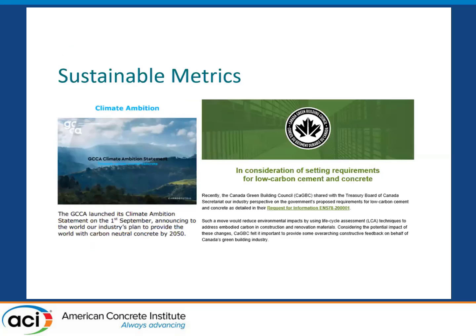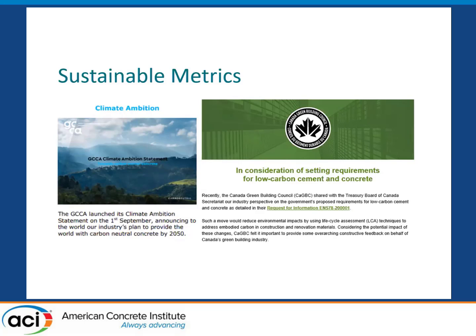One of the other things that you're starting to see, and this just got launched on September 1st of 2020, is that the Global Cement and Concrete Association has launched its ambition statement. The Global Cement and Concrete Association is made up of members who are cement producers and concrete manufacturers, and they have pledged to reduce the industry's CO2 emissions to neutral carbon by 2050 in concrete.